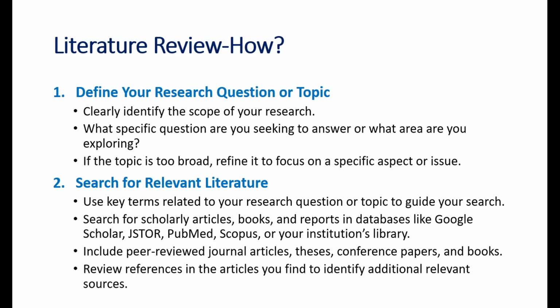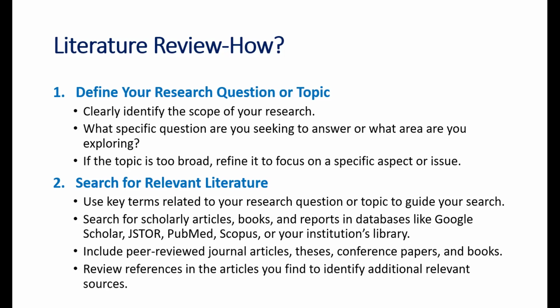So it will give you your relevant literature. Include peer-reviewed articles, theses, conference papers, and books that are reviewed by other scientists and then published, rather than something that is published without any review.